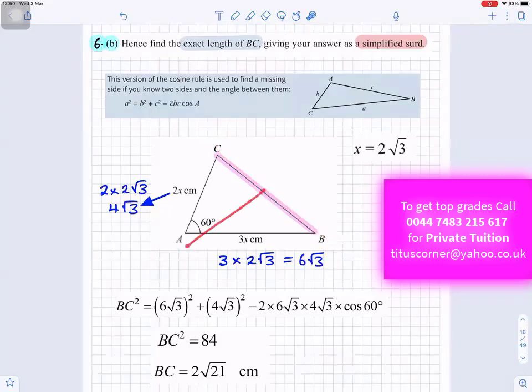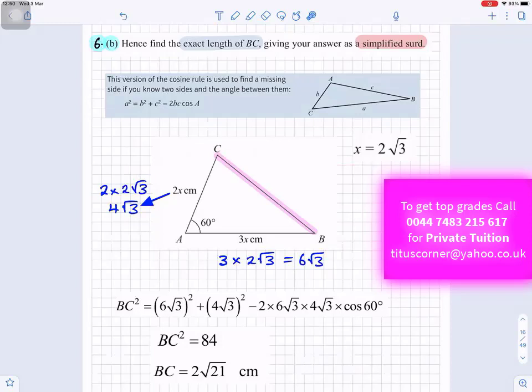So BC squared, I've colored it in pink, is equal to, how do we get CA or AC? It's 2x. So 2 times x is 2 times 2 root 3, because we found x before. x is 2 root 3 from part A. So 2 times 2 root 3 will give us 4 root 3.